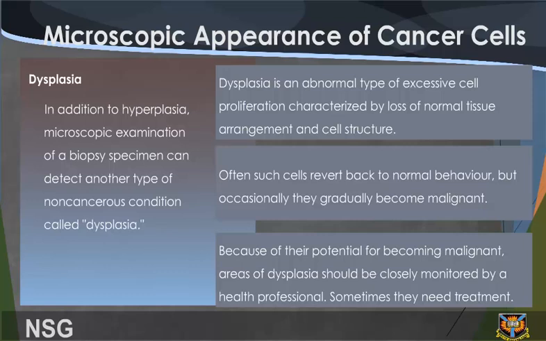Often, such cells revert back to normal behavior, but occasionally they gradually become malignant. Because of their potential for becoming malignant, areas of dysplasia should be closely monitored by a health professional. Sometimes they need treatment.